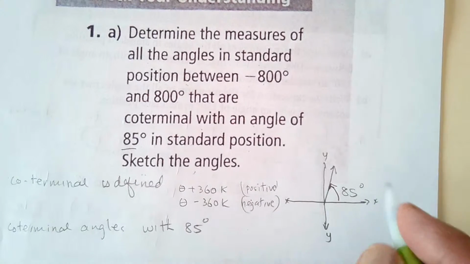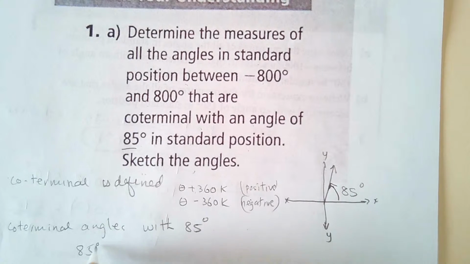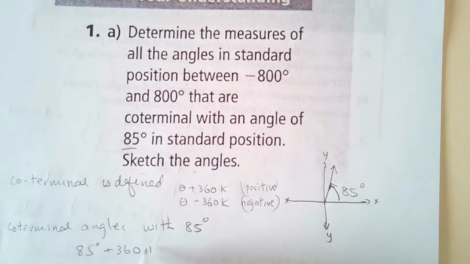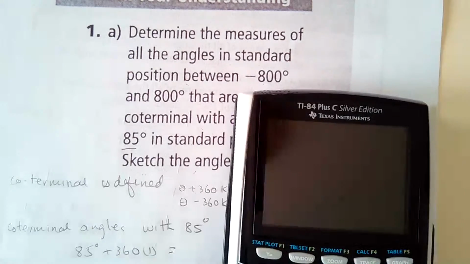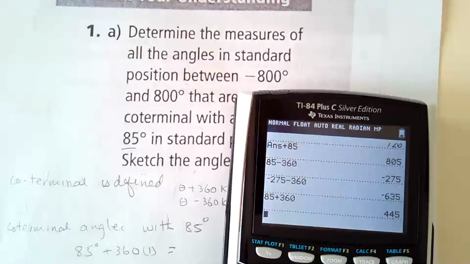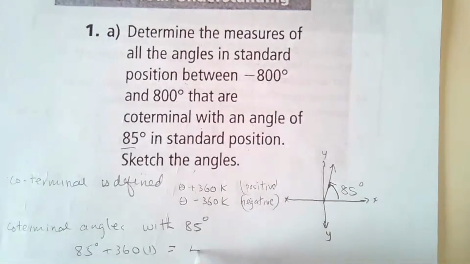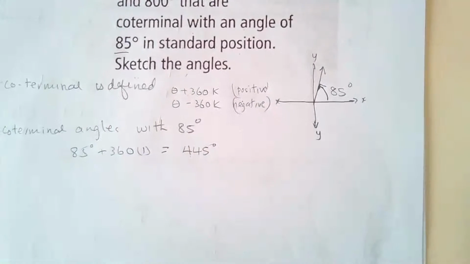With the first one, we have 85 plus 360. So 85 degrees plus 360 times 1. And we're going to calculate it here. What we get here? 85 plus 360 times 1 is 445. So 445 degrees is our first coterminal angle.